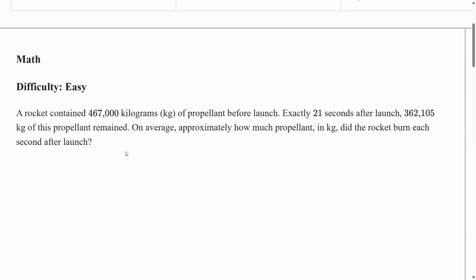Okay, so it wants us to calculate the rate.